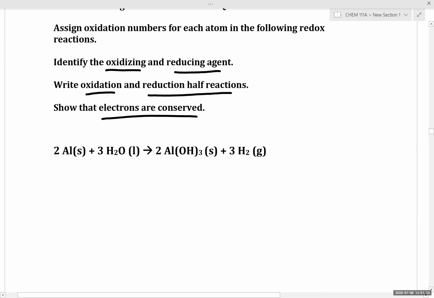And if you have any questions, I'd like to see a few proposed half reactions in the chat. And we'll discuss in about another 2 to 3 minutes.